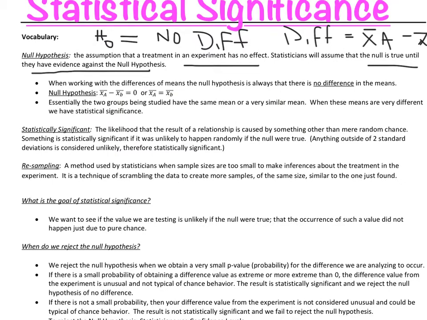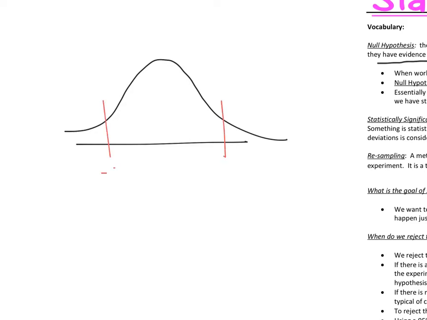If you look over here, we know the bell curve looks like this. 2 standard deviations would be approximately here, like this is -2 and this is +2. Within this is 95% of the data, which leaves 5%, so 2.5% here and 2.5% here.